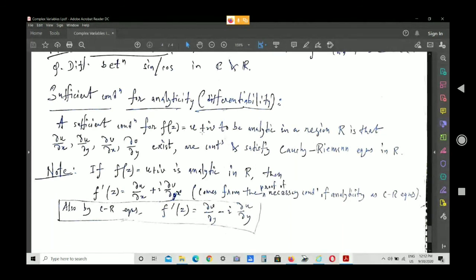A sufficient condition for f(z) = u + iv to be analytic in a region R is that its partial derivatives ux, uy, vx, vy exist, are continuous, and satisfy the Cauchy-Riemann equations. Cauchy-Riemann equations alone don't give you differentiability, but Cauchy-Riemann equations plus continuous partial derivatives imply that the function is differentiable or analytic at that point.